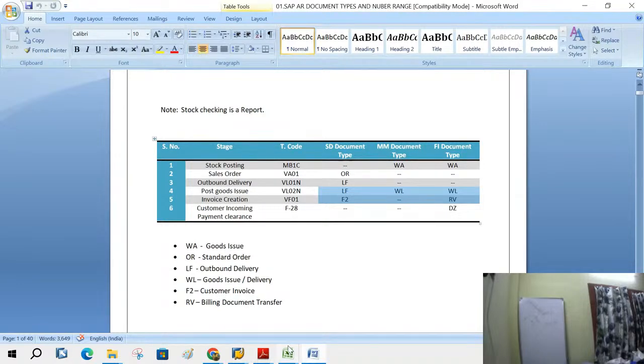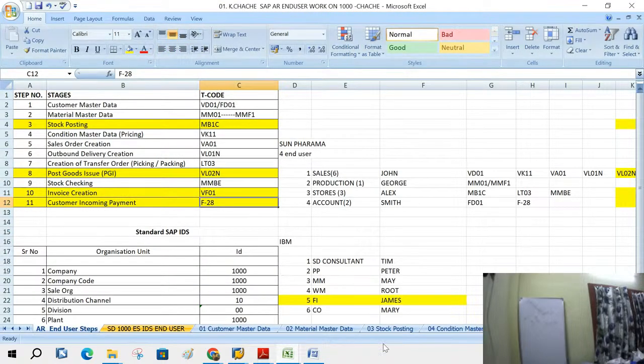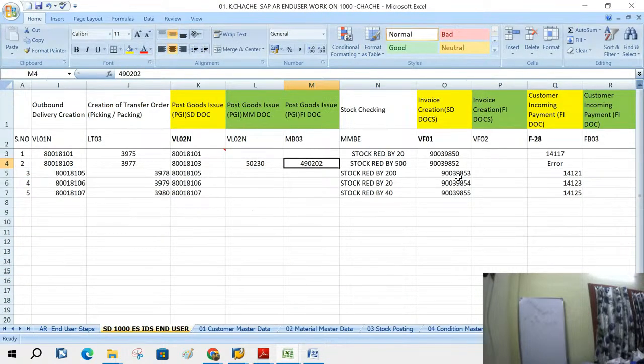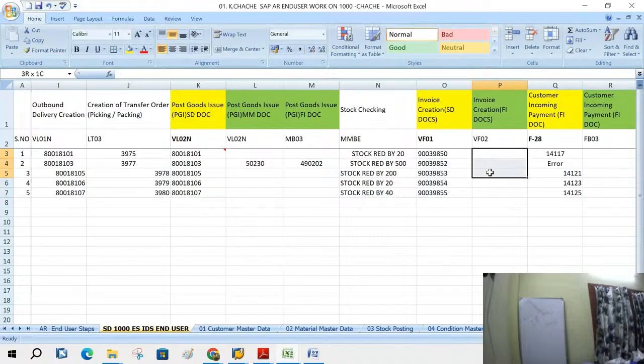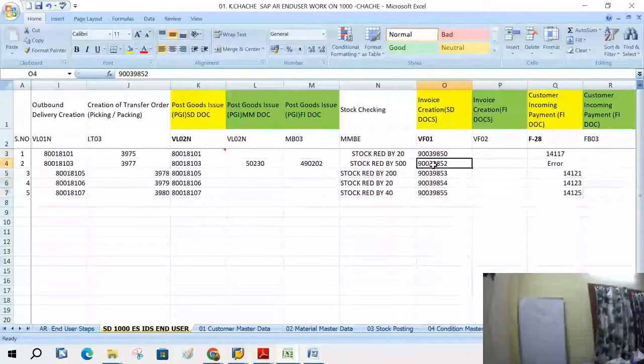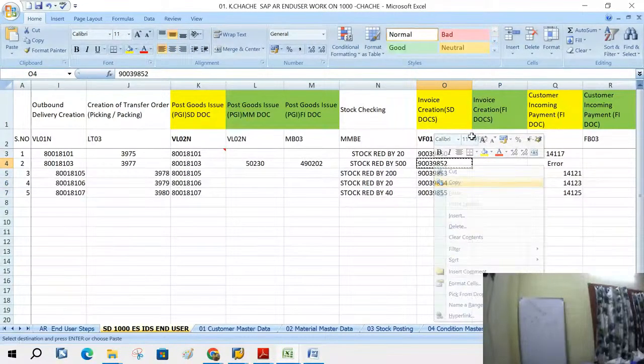So in the Excel sheet, the number you see here, 900, is nothing but your F2. Now from F2, I have to get my RV, the FI document. So where do I go to get the document?